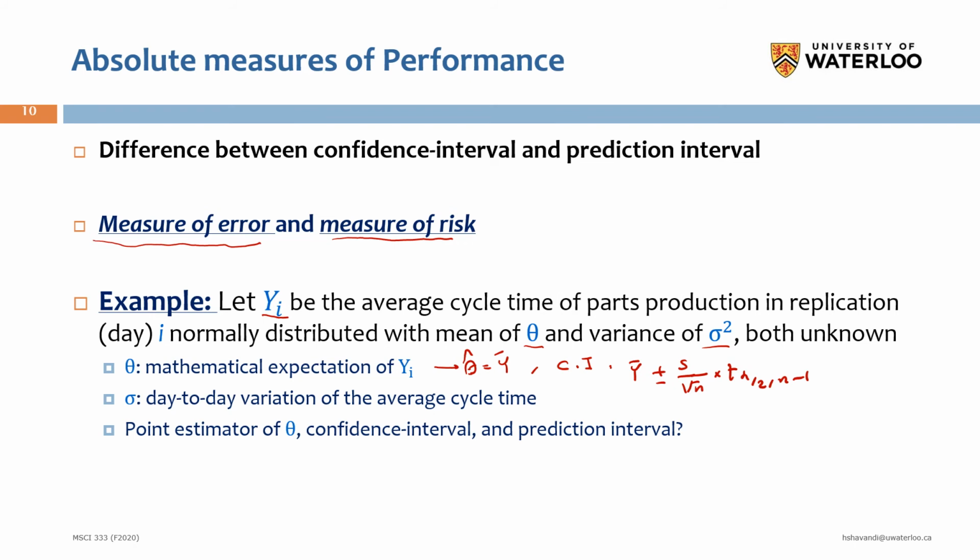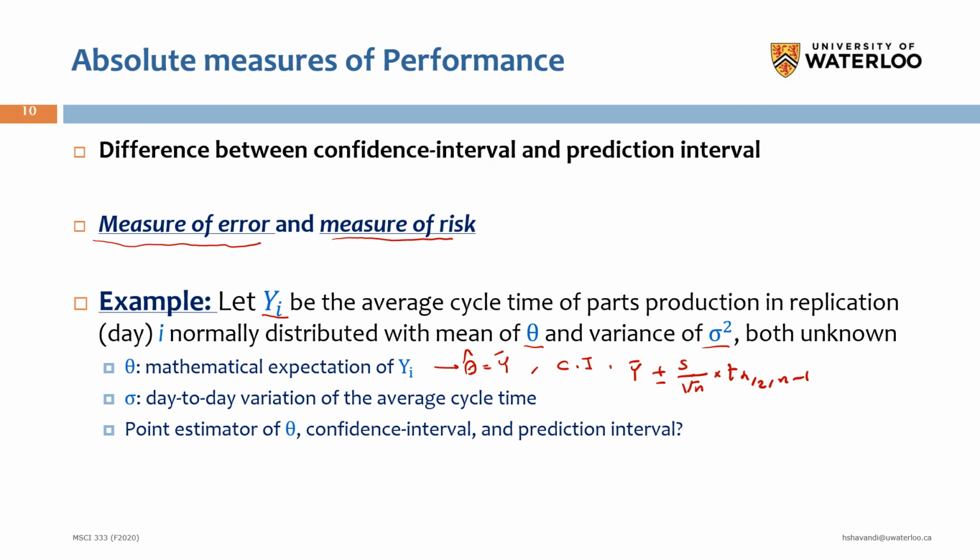So when we want to predict the cycle time on a particular day, it will come with a risk. By a risk, we are promising that the cycle time on that particular day will be this.